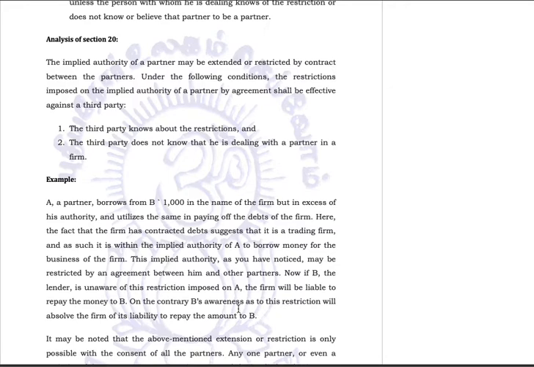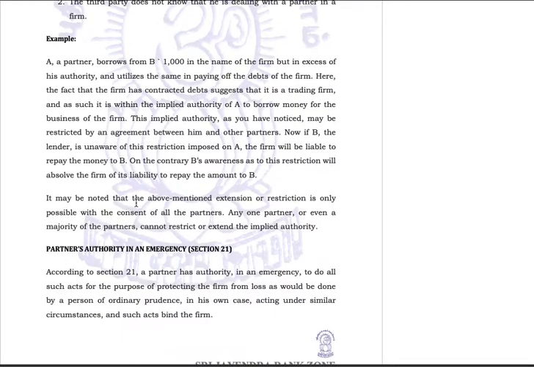If B is aware and then also gives 1,000 rupees to A, the firm is not liable. B will have to take the money from A only. If he does not know, then the firm will be liable. It may be noted that the above-mentioned extension or restriction is only possible with the consent of all partners. Unanimity has to be there. Majority rule is not there. No restriction by majority.